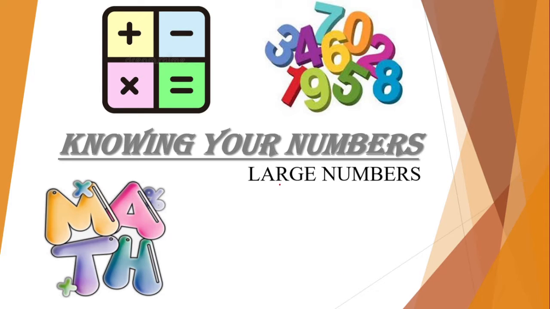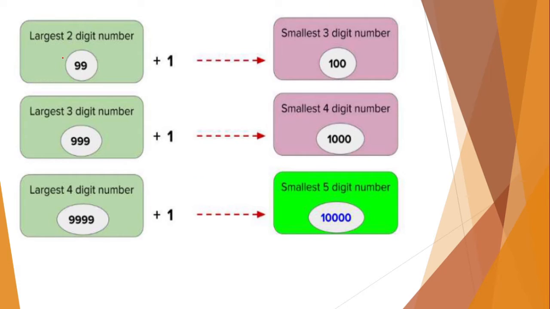So we have large numbers now. The largest two-digit number, as you all know, is 99. When we add 1 to it, we get the smallest three-digit number, which is 100.